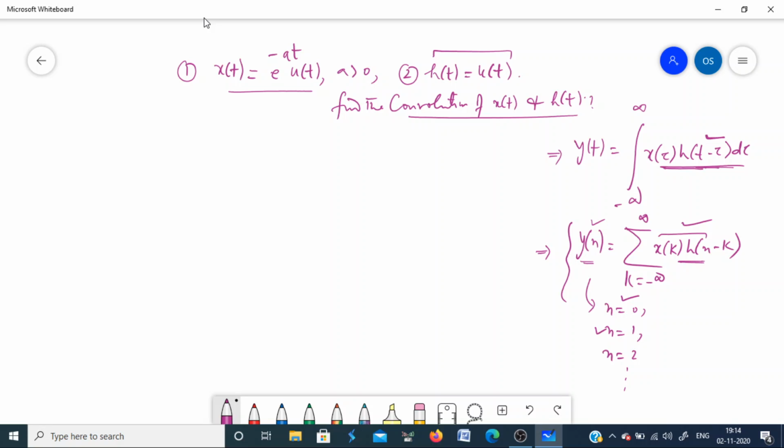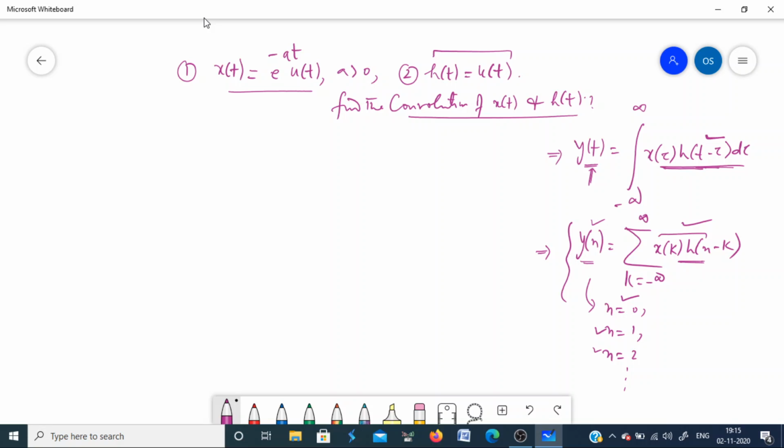For n equal to 1, we fold, then shift by 1 to the right, multiply, and add again, and you get y(1), and so on. Now in this case, since t is continuous, you cannot find the output in a discrete manner, because t can take any value. I cannot find it for t equal to 0, then t equal to 0.1, then 0.2 or 0.002, and so on.